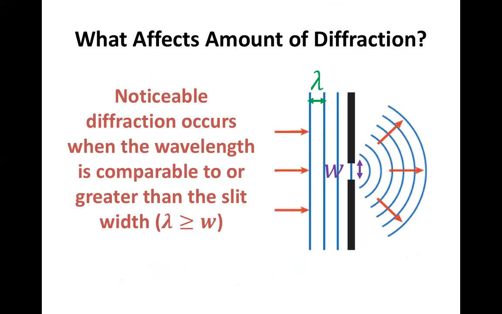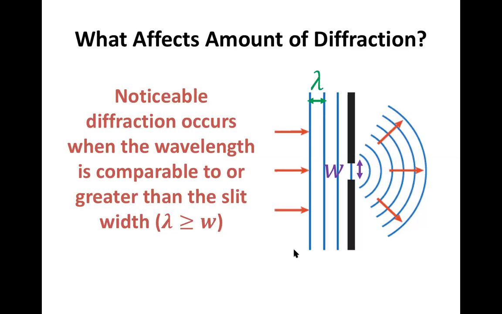The defining point where you can see noticeable diffraction or not is when they're equal. So lambda and W being equal would give you noticeable diffraction, and if the wavelength is even longer than that, you get even more diffraction.